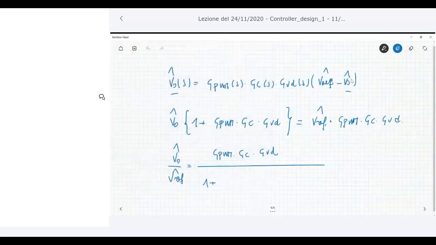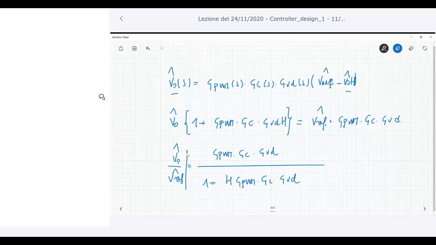I have to put H, so it is H GPWM GC GVD. So this is Vo over Vref when I put Io and Vin equal to 0. In the same way, you can derive all the other expressions.